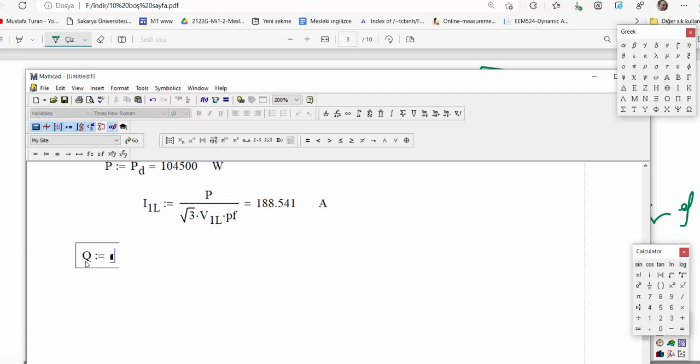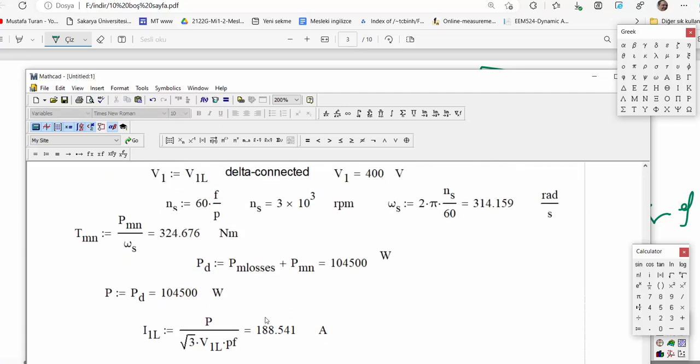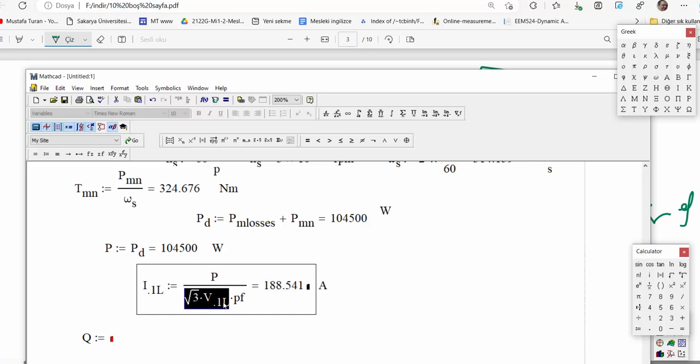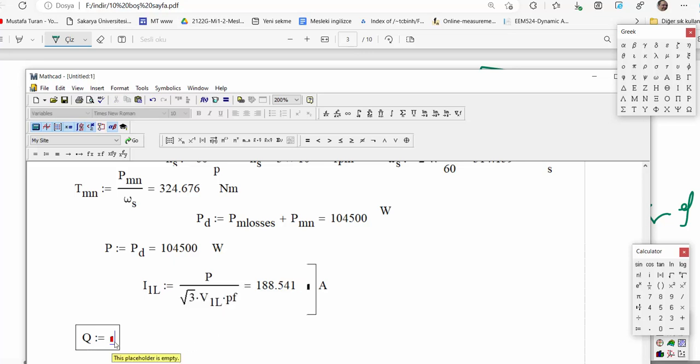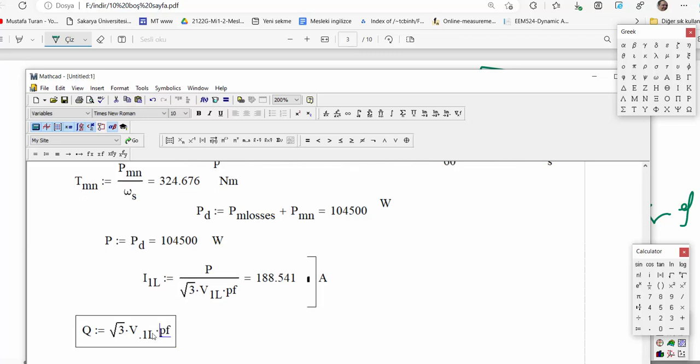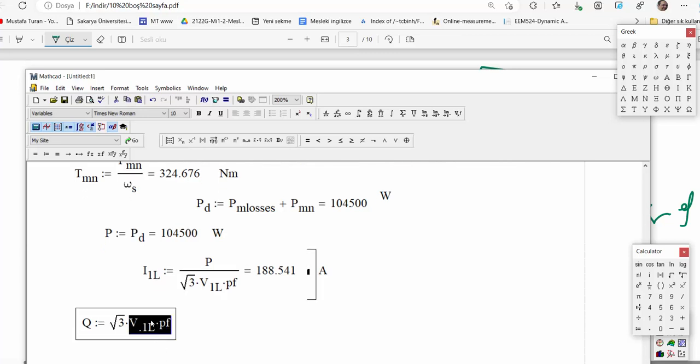Reactive power, similarly to this equation, is square root 3 times voltage line to line times current line to line times sine phi.